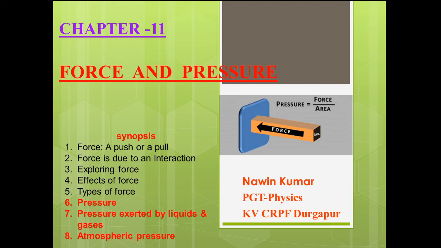Why does it happen? Our thumb does not go into the wood because the force of the thumb falls on a large area, while the drawing pin goes into the wood due to its sharp tip. In the first case, the force per unit area is small, because the thumb area is more than the tip area of the pin.